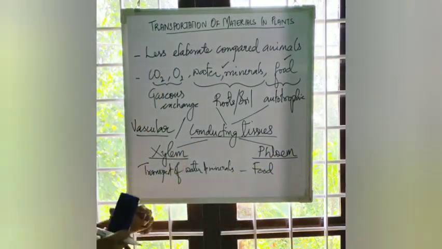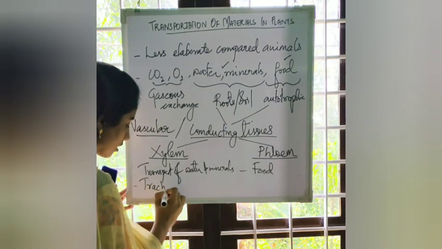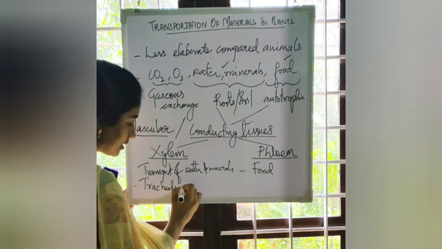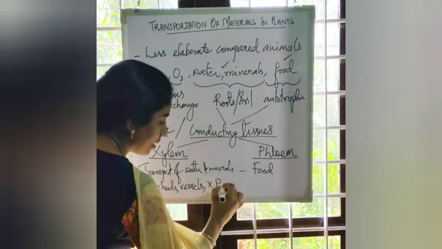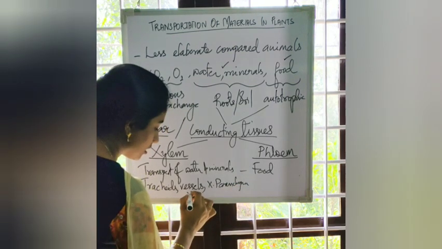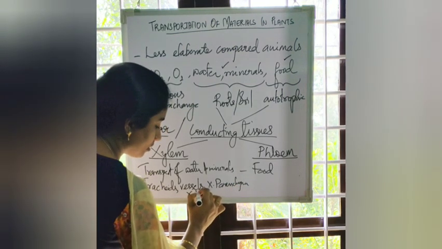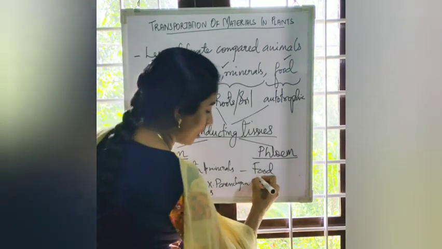Which are the components of xylem? They are tracheids, vessels, xylem parenchyma and xylem fibers. What about phloem?